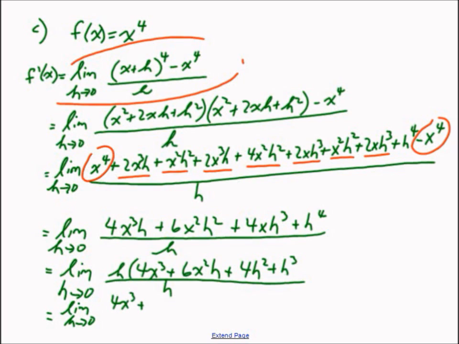Four x cubed plus 6x squared h plus 4x h squared plus h cubed. And as h approaches 0, this number will become 0, this number will become 0, this number will become 0, and so the limit just equals 4x cubed.